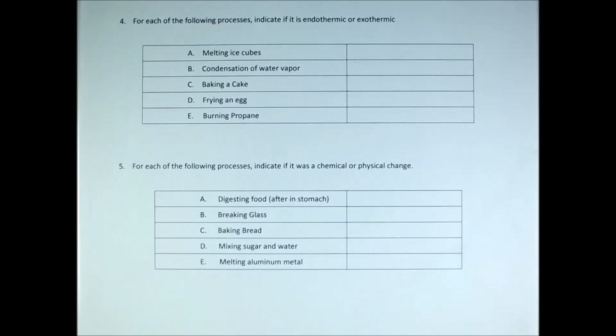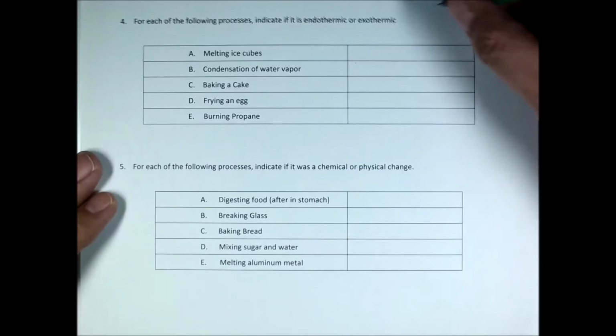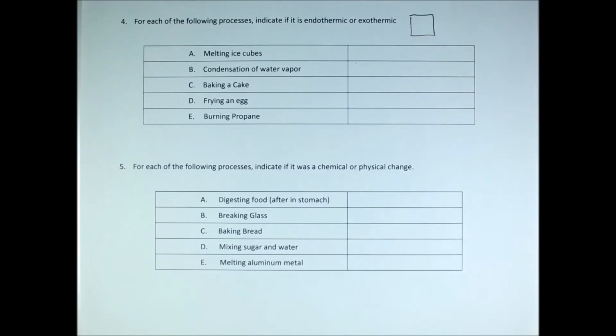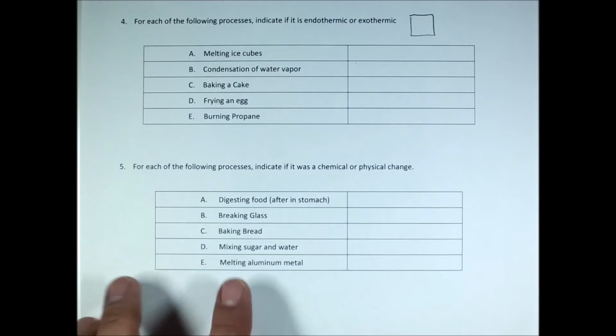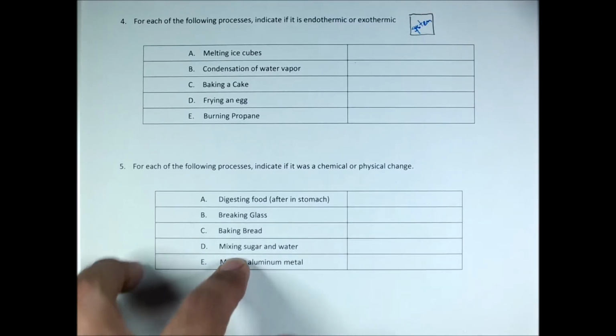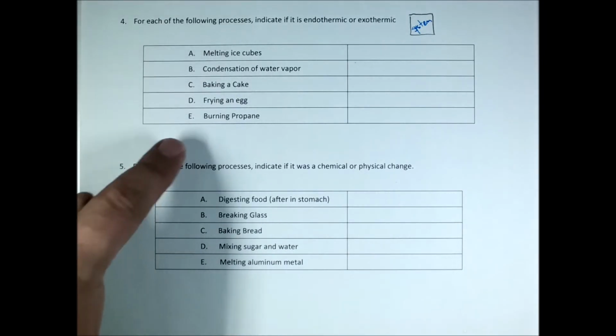All right, so here we had to identify endo and exothermic, as well as chemical and physical change. We don't need a calculator here, but remember that when we use the word exo and endothermic, we talk about a system. So let's call this box here our system, and that'll be whatever we're talking about in the problem.